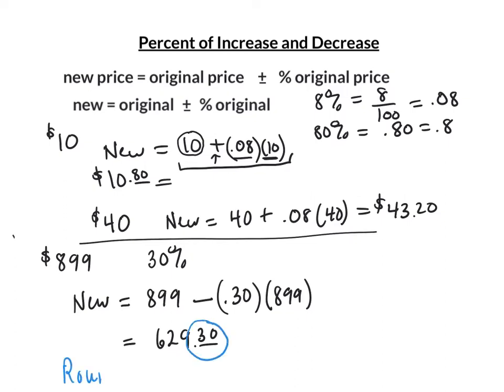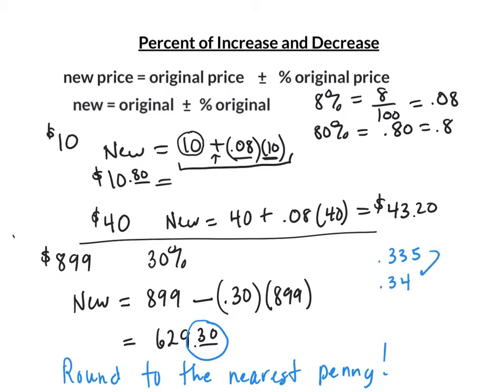Now, in general, I want you to keep in mind when we're working with money, you need to round to the nearest penny. That's the way it works. So if you get a decimal like 0.335, you're going to turn that into 0.34 when you round.